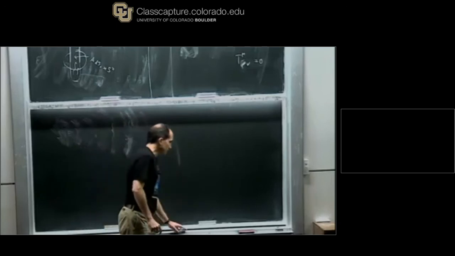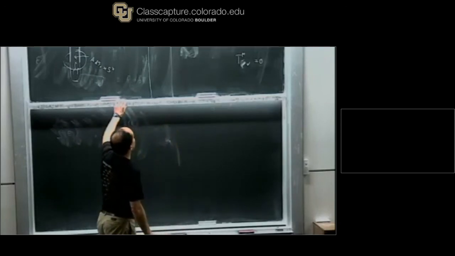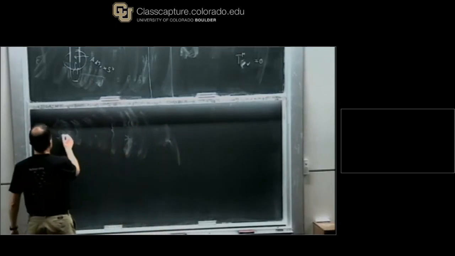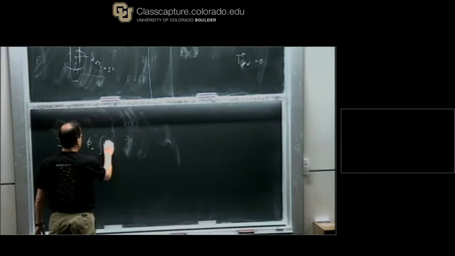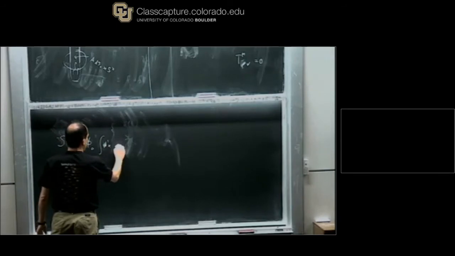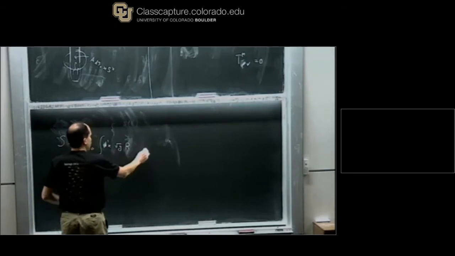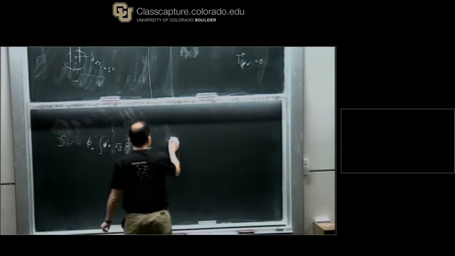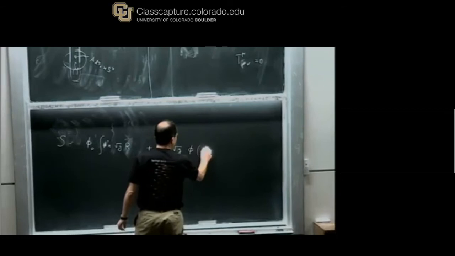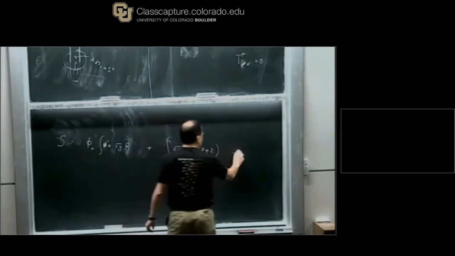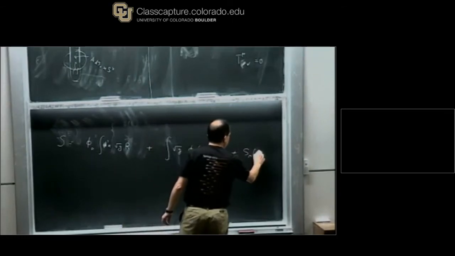thing to do is to modify this action slightly and say that we had that term that we liked. We liked some aspect of this term, which is that it reproduces the extremal entropy. And then we're going to add a new term that has the form square root of g phi (R plus 2). And then we also have that S matter of g and chi.